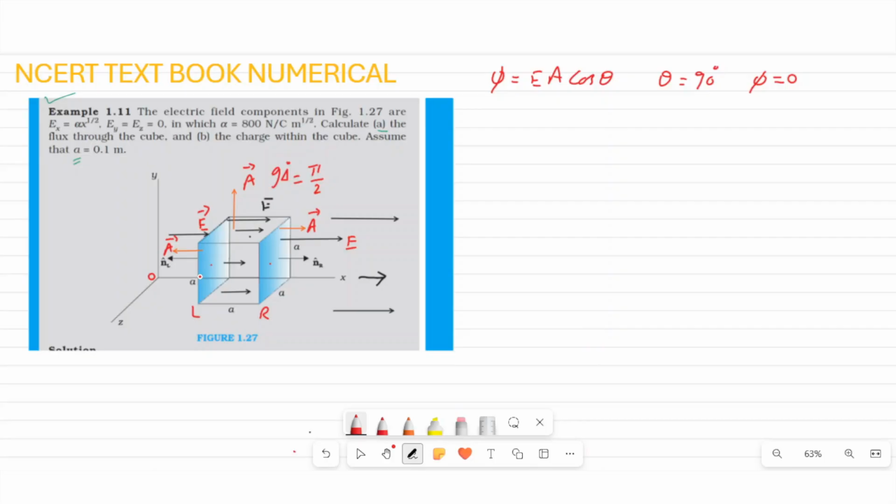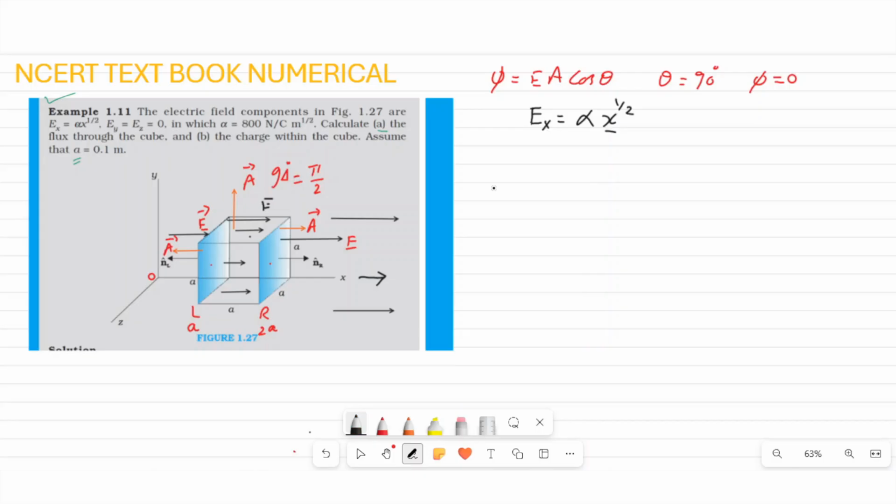The electric field is in the x direction, alpha x raised to 1/2. This is the basic formula of the electric field, and it changes according to this formula, depending on x.